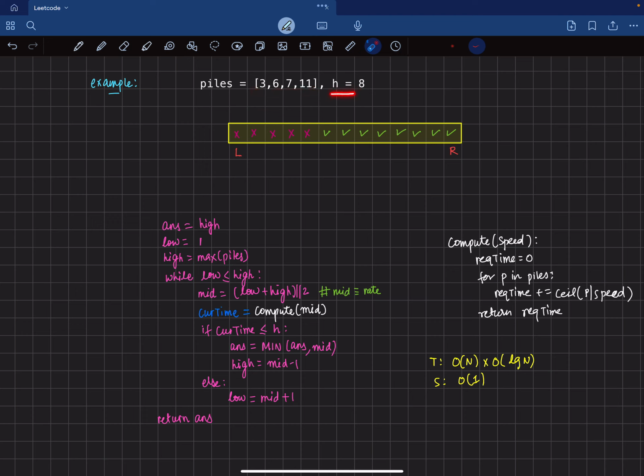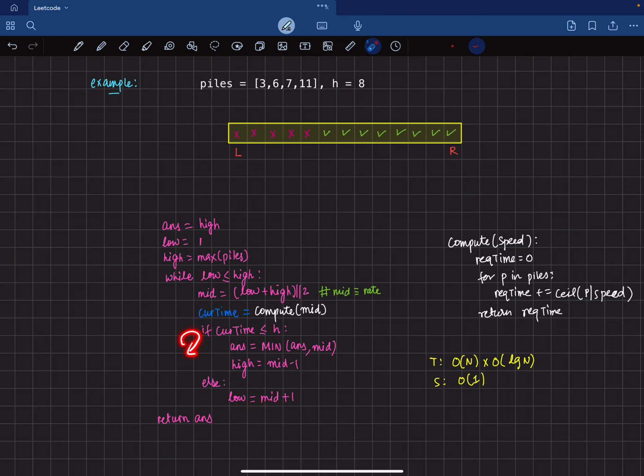And if her eating time surpassed H hours, it means the left pointer must move to the right, so that our sample space becomes much more concentrated. And it is required because only then we will be able to find such a rate so that she'll be able to eat all the bananas within H hours. That is why we are moving low to mid plus one.